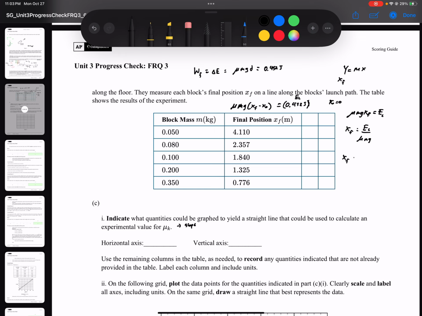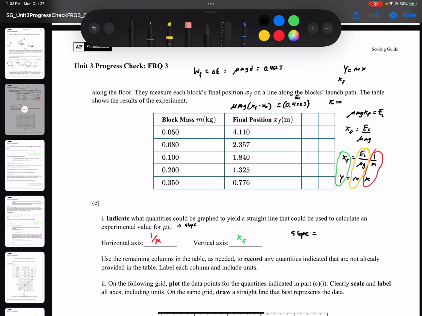All right, so again, just like in the previous experiment, we're going to graph inverse mass. Okay, and then matching that up with the equation of a line, here's what I'm going to graph. I'm going to graph the final position on the vertical axis, so I'll graph xf. On the horizontal axis, I'll graph 1 over m, inverse mass. And then the slope is going to tell me what the coefficient of friction is, right?